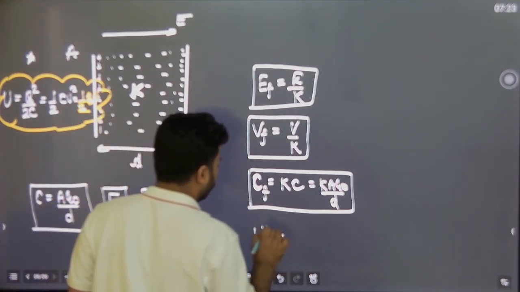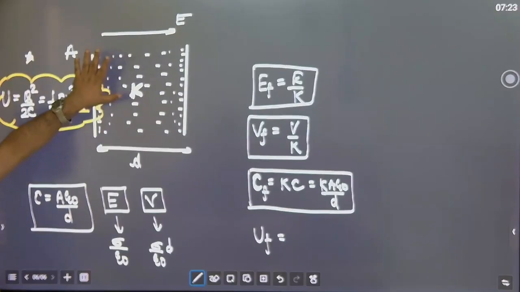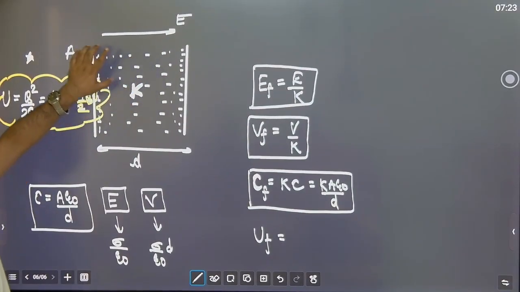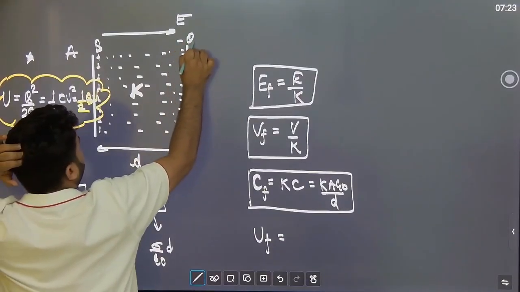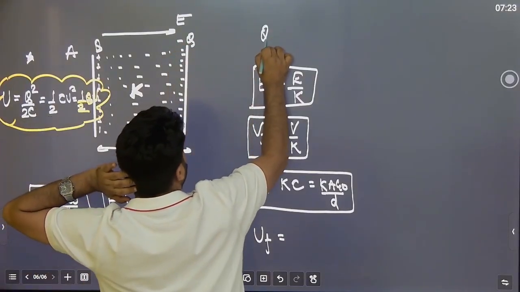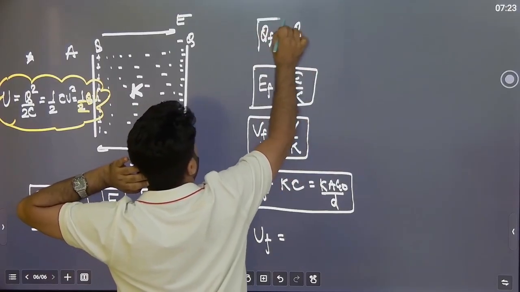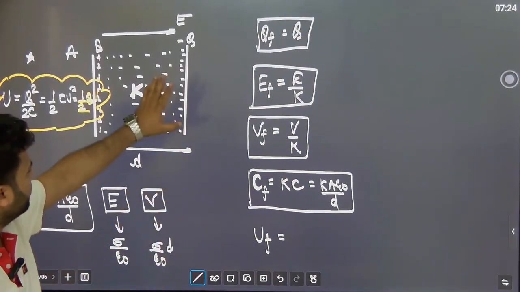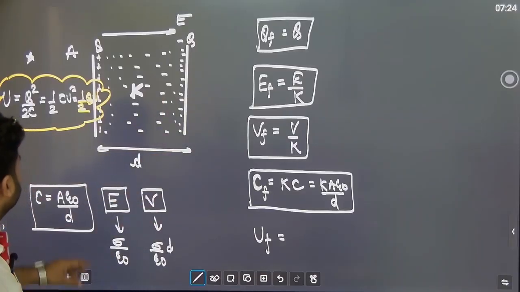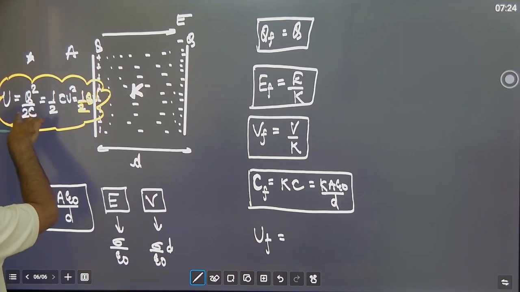See, since we are not doing anything with the charge, suppose the charge was Q. The final charge will remain the same, Q only. So the final energy will be Q square by 2C.